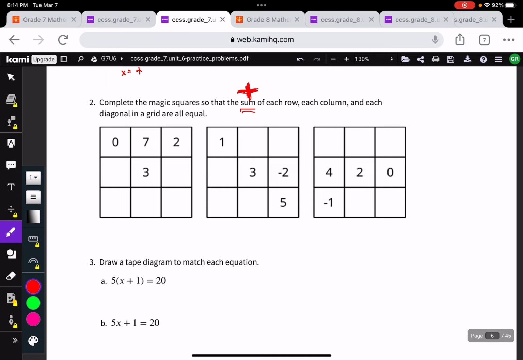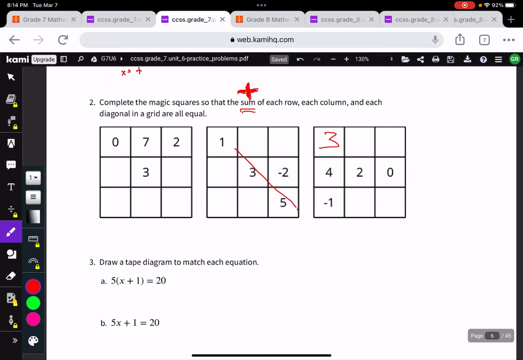So I'm not going to ruin the fun for these, but I do know if these are equal to 6, then 4 plus a negative 1 is 3. 3 must go here because we now get it to equal 6.